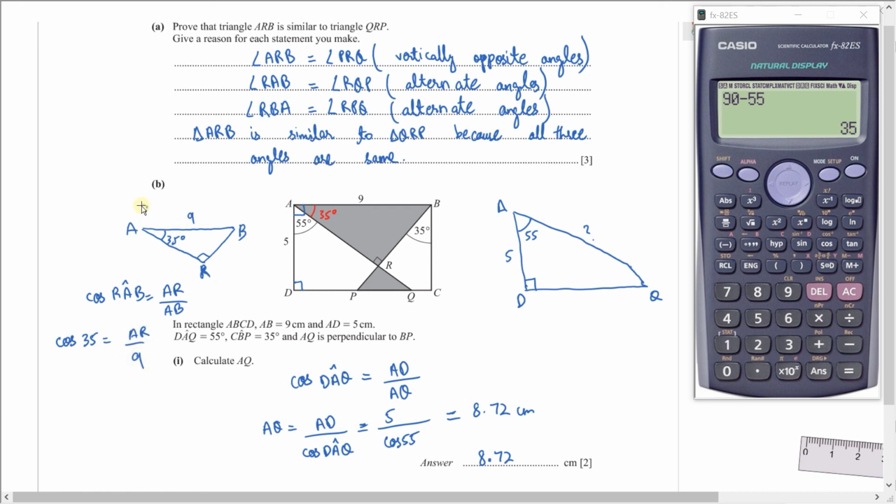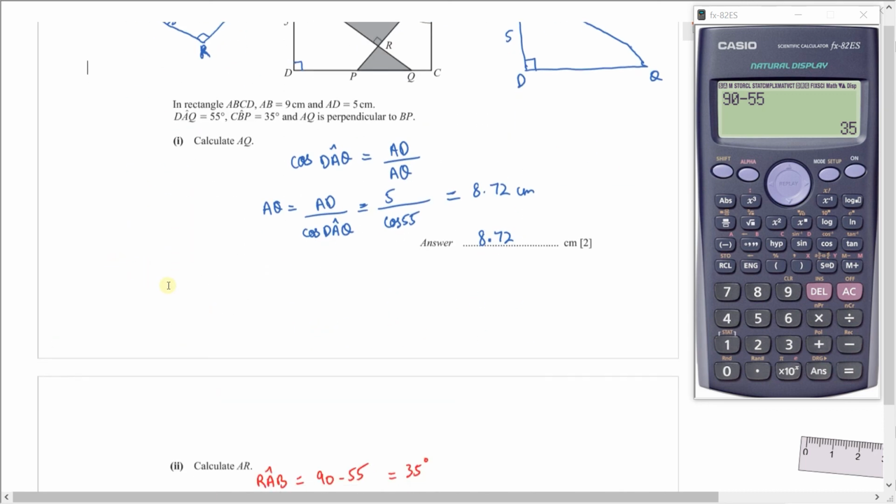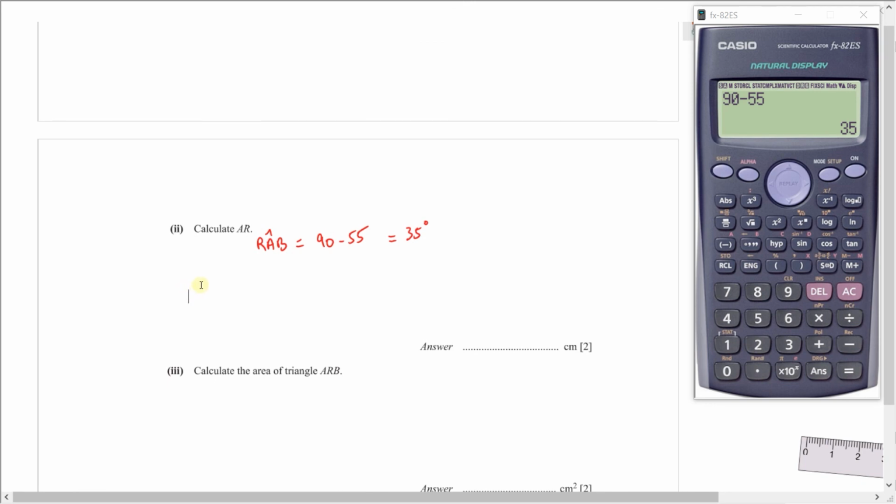So let me select this and bring it down here. So now from this we can calculate AR. AR will be cos of 35 multiplied by 9 if I take this 9 to the other side. So this gives you AR, which is 7.37 centimeters up till three significant figures.